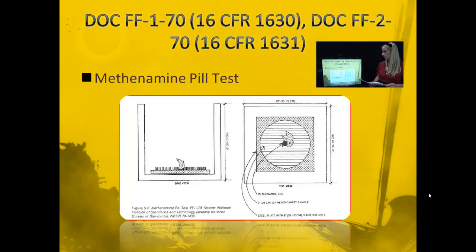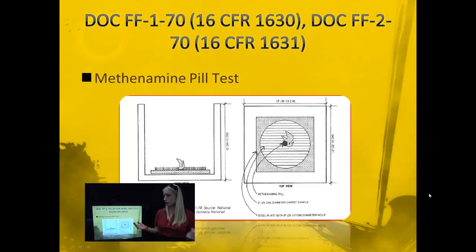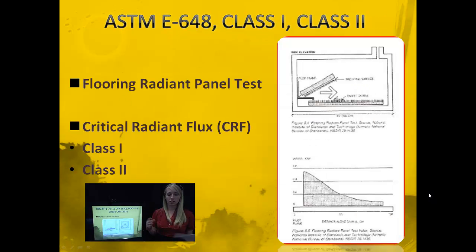Since 1971, the government has required this test on any carpeting materials, and for any of the carpets to be sold, they have to go through this test, and if it fails the test, it will be banned from purchase. So just remember that you have to test all the carpets or textiles with the pill test, and if it doesn't pass, then it cannot be purchased.